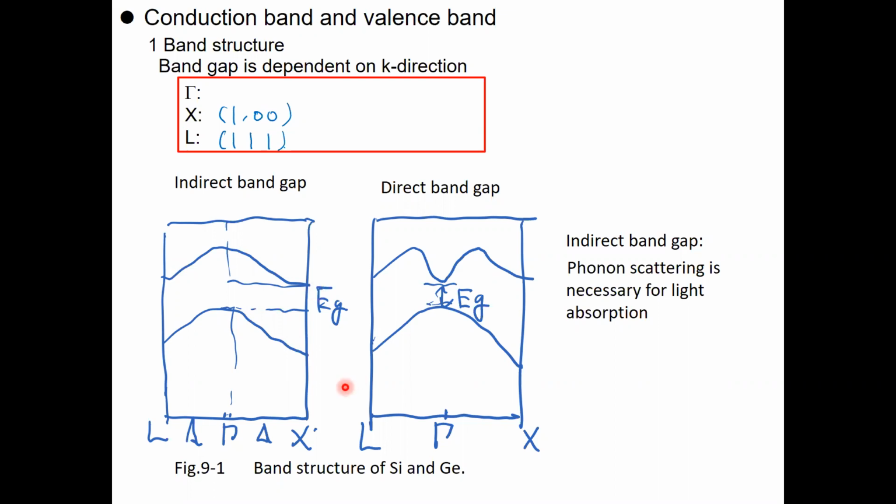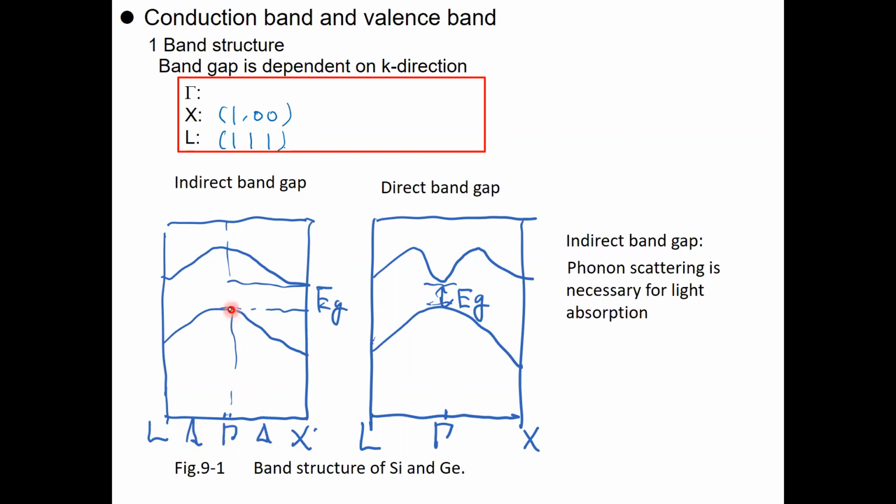Just search for the band structure of silicon or germanium, and you will see. Band structure is always summarized centered at gamma, with the X direction and L direction. So from 000 to 111, 000 to 100, and in between is called delta or lambda.